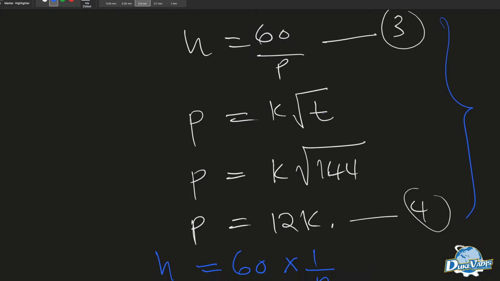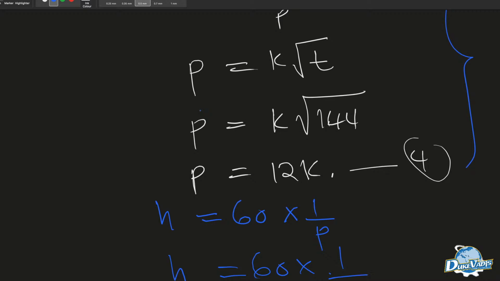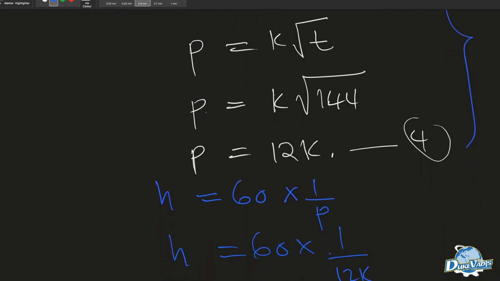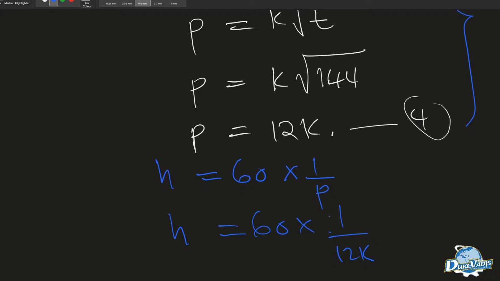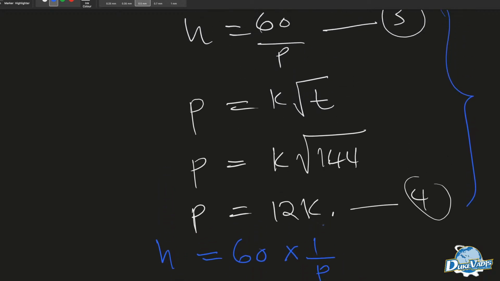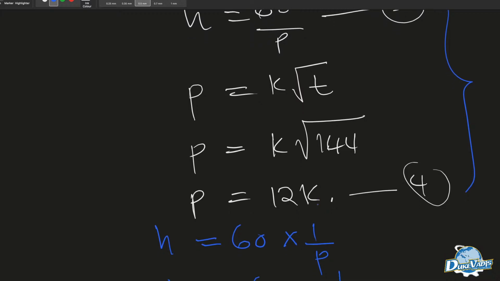We have p is equal to kt, so we have to remove the p out of our way. Then we have hp is equal to 12k. Now we know the value of k.